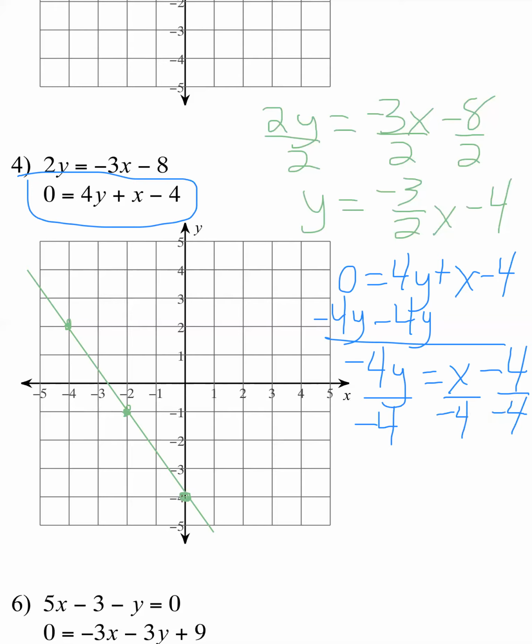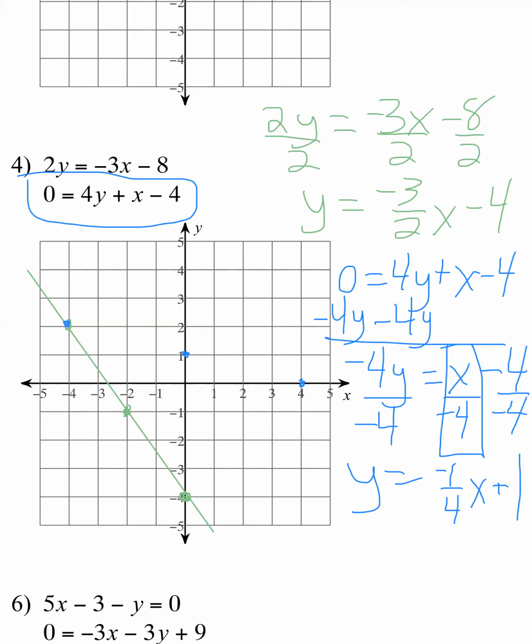So I have positive y. This chunk, remember, is going to be written as -1/4 x. And then -4 divided by -4 gives me a +1. Okay, so there's that one ready to go. I'm going to start at a +1. And I'm going to go down 1 to the right 4. I'm out, so let's do it on the left. Up 1, back 4, and there's my intersection.